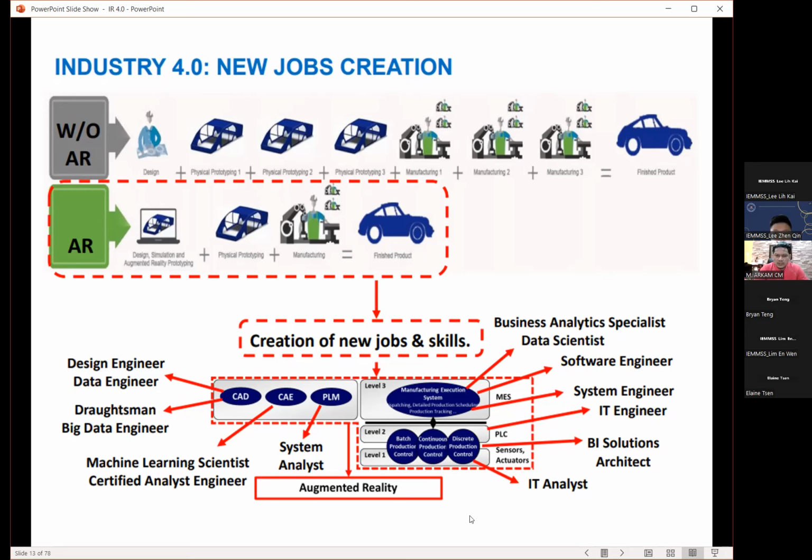So the future of our industry really depends on this kind of new engineering field or new job scope and skills required in our industry. When you understand this, you know how to place yourself in the future to make sure you are relevant to the industry when you start to participate in it. So this is what we can see from this introduction of augmented reality.